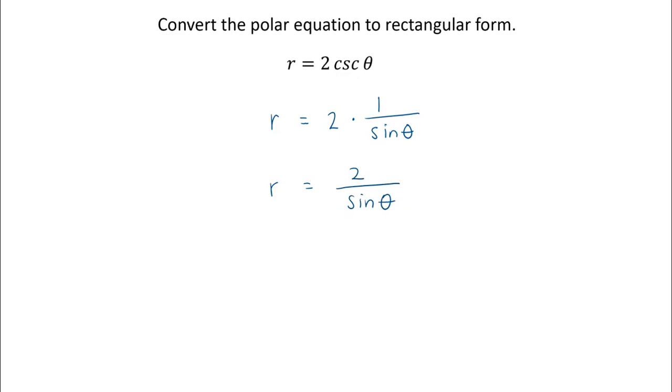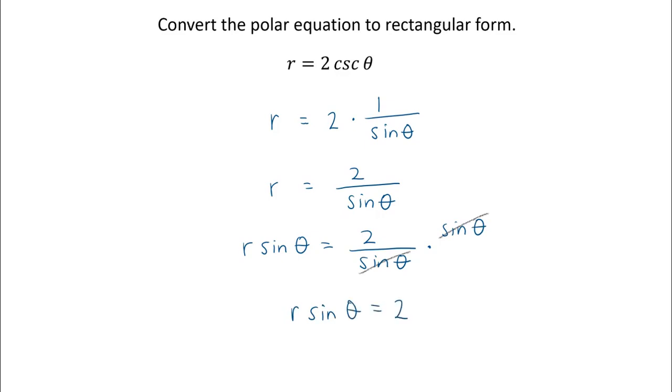Now I notice if we multiply both sides of this equation by sine theta, on the right the sine thetas will cancel out, and on the left we will have r sine theta.